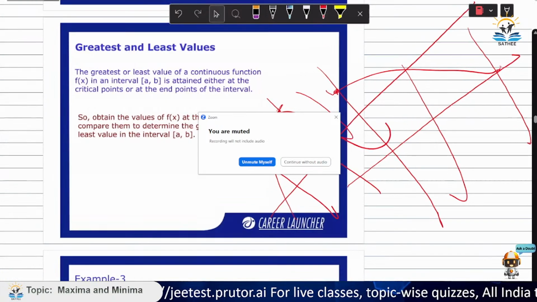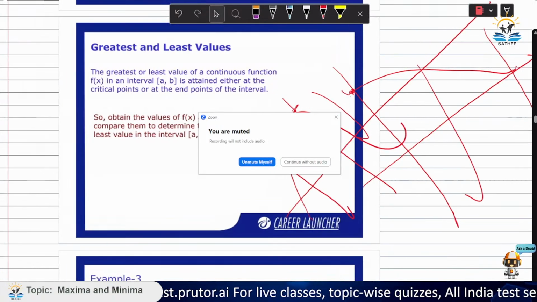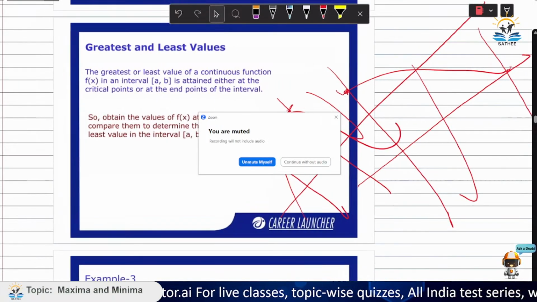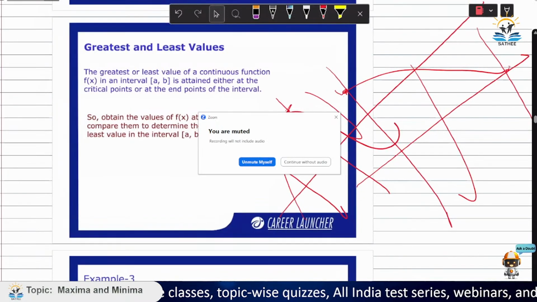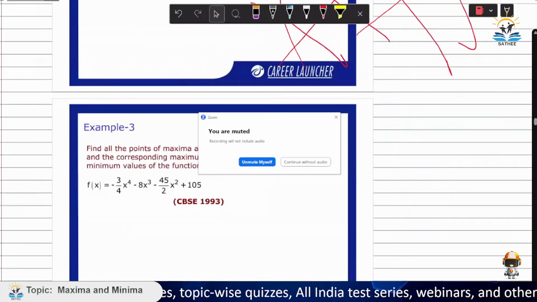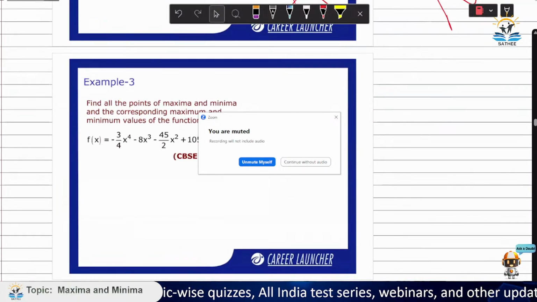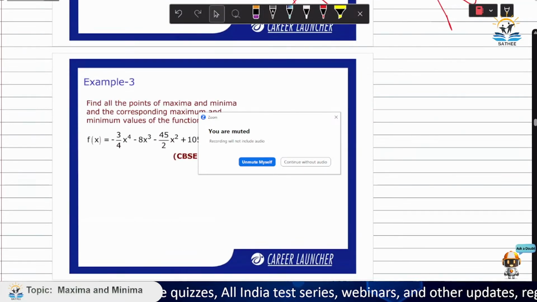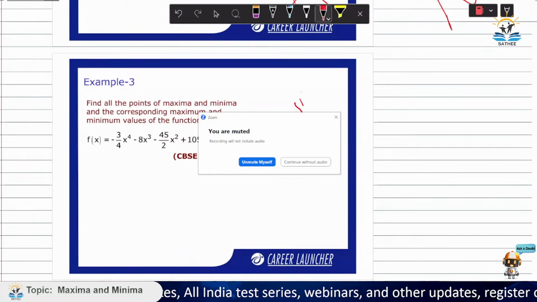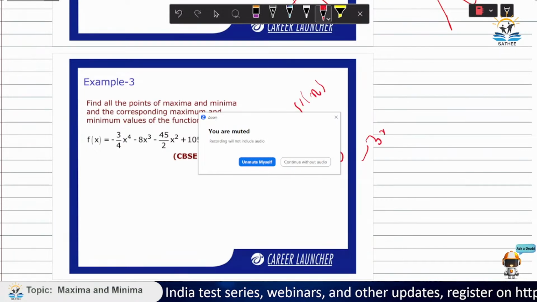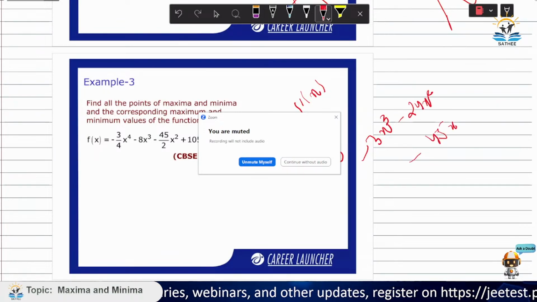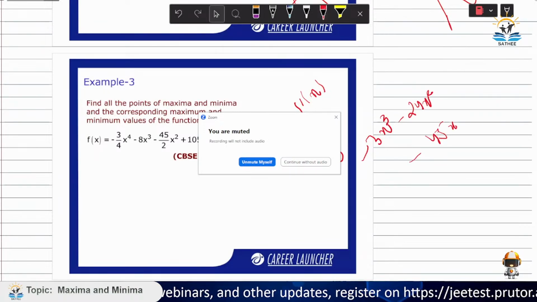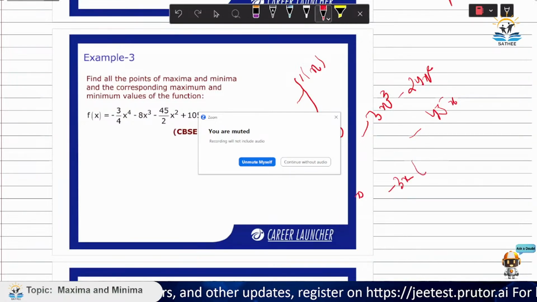Twenty-four eight x square minus 45x. That's it. Right? So we have to find the derivative of this. Let's take the minus sign common. Minus 3x can be taken common, right? x square plus 8x plus 15.